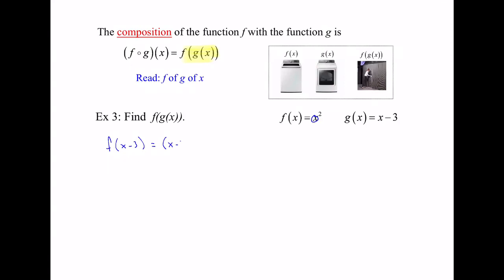So now we're going to take the x minus 3, plug that in for x, and now it is being squared. So this is equal to, if you expand it out, x minus 3 times x minus 3. So that's x squared minus 6x plus 9. So this is f of g of x. And that's what we're looking for in terms of a composition.